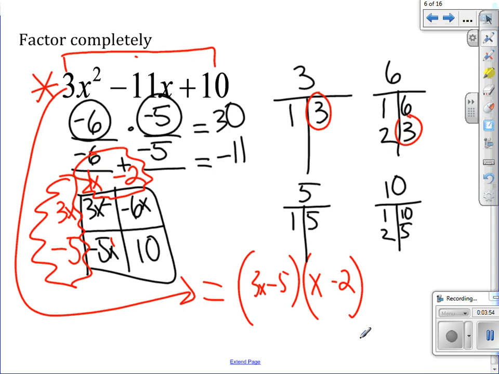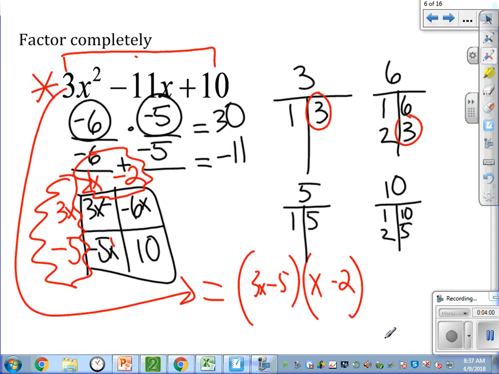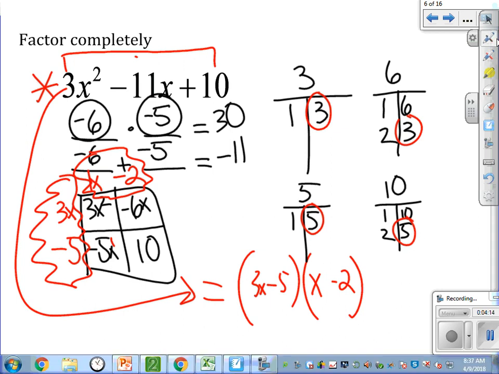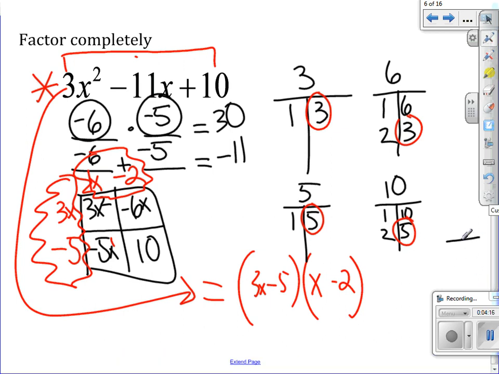All right, what is the biggest number that matches in both of these tables? 5. And again, it looks like we're setting a precedent here. It looks like in order for it to match, your number always has to be on the same side of the table. Right side, right side. Hey, listen, if I wanted to, when I did this table for 10, I could have written my factors like this. I could have done 10 and 1, and I could have done 5 and 2.